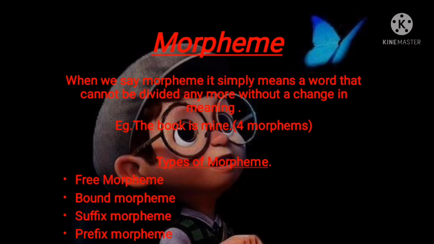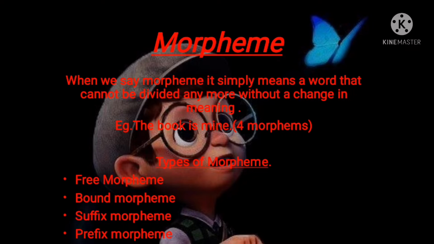Let me repeat myself again. We have the free morpheme, we have the bound morpheme, the suffix morpheme, and the prefix morpheme. But for today, we will look at 2 of the types, which is the free morpheme and the bound morpheme.